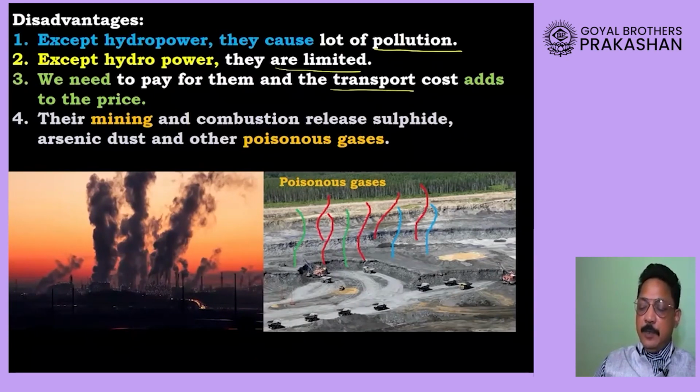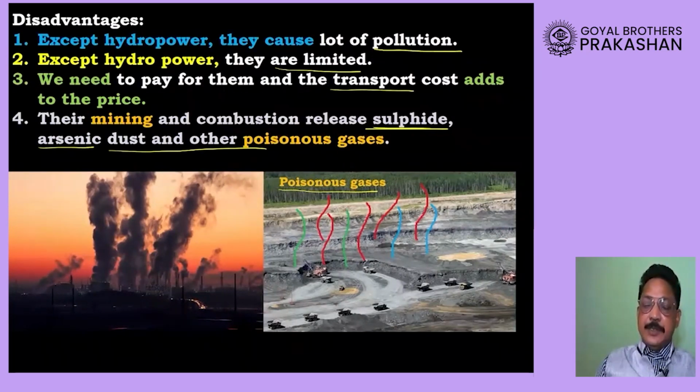Then another problem is that when we are carrying out their mining, okay, extraction from the mines, that time they produce lot of amount of poisonous gases, okay, in the form of sulfides, in a form of arsenic, as well as the carbon dioxide gas also released during extraction.